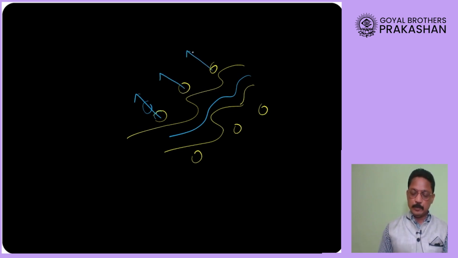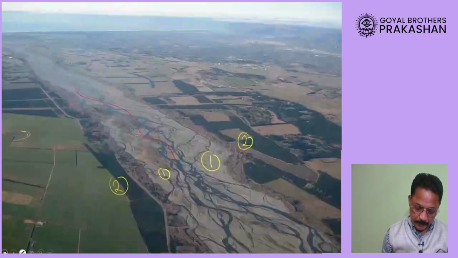So this soil will be pushed away from the river. Every new soil which will be brought by the river is going to push the previously deposited soil away from the river.